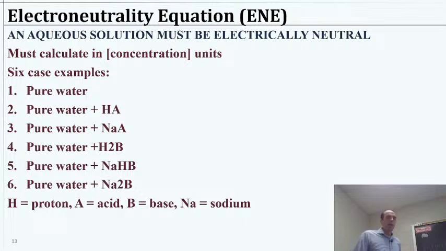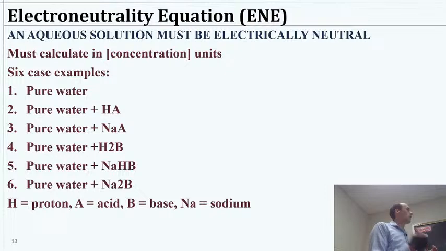Now, I want to take a look at 6 different cases that will really explain and give us the ability to work with pretty much all of the electroneutrality equation any way we slice it. And so I'm just going to take us through these cases that the book describes, and then we'll take a look at a couple of example problems.